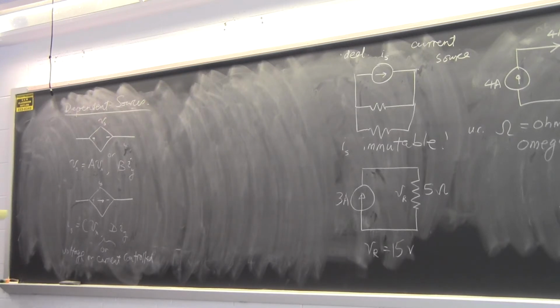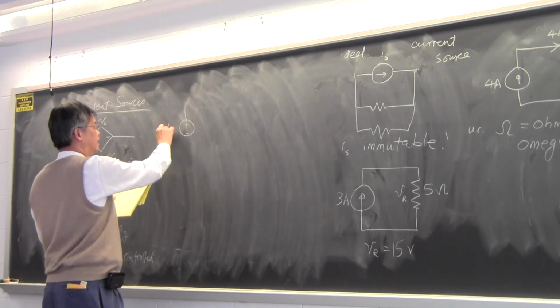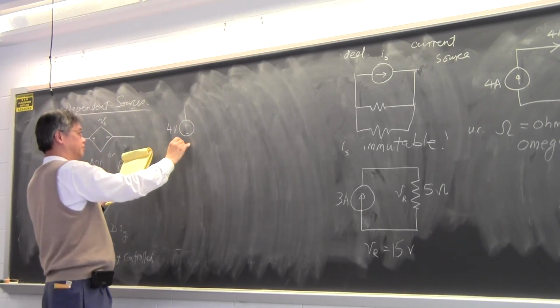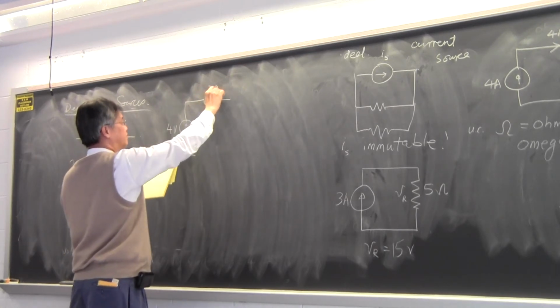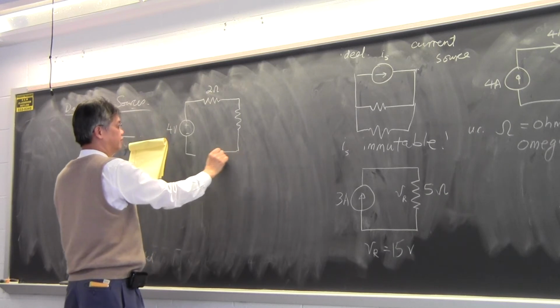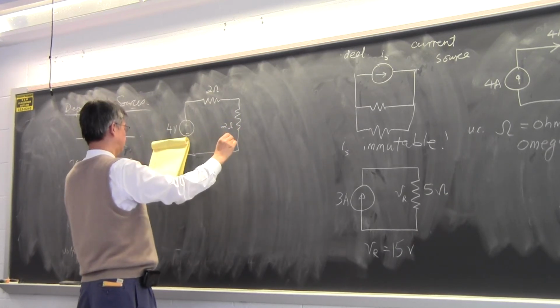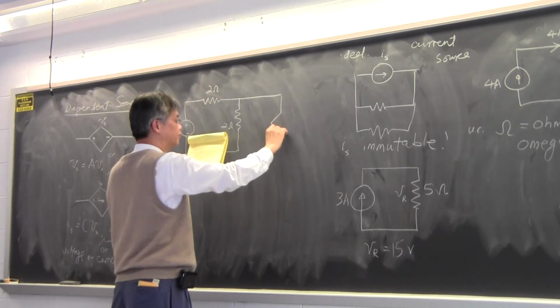So let's give an example of how this class of problems should be solved. Say I have an independent voltage source over here, and then I have a 2 ohm resistor, and then another 2 ohm resistor over here. And then I have a voltage controlled current source.